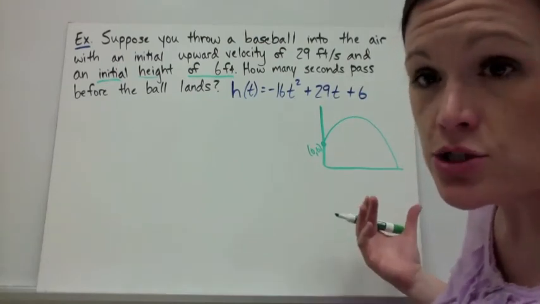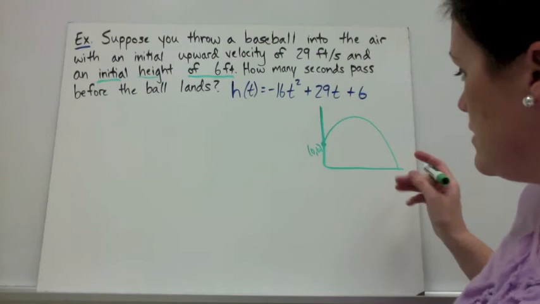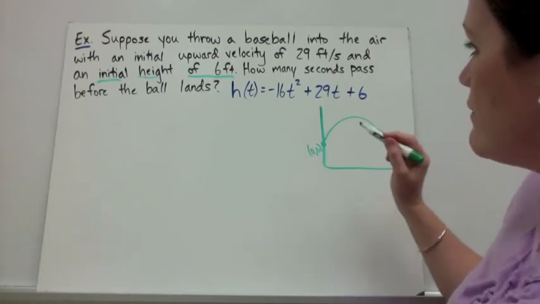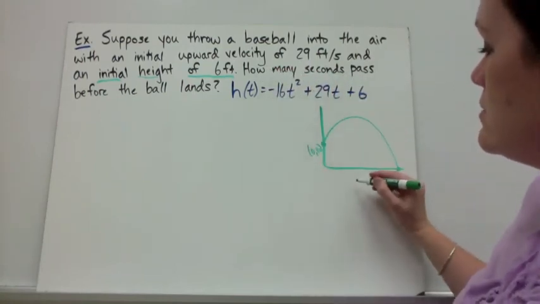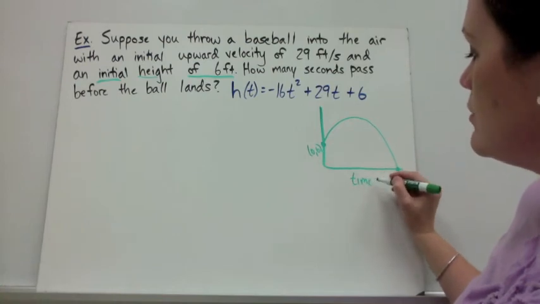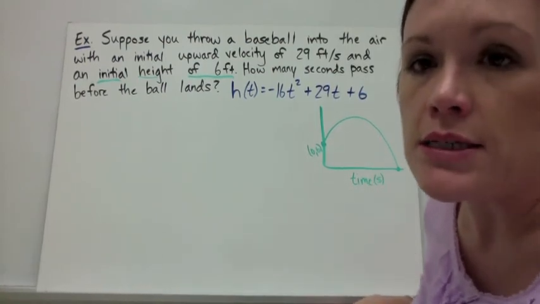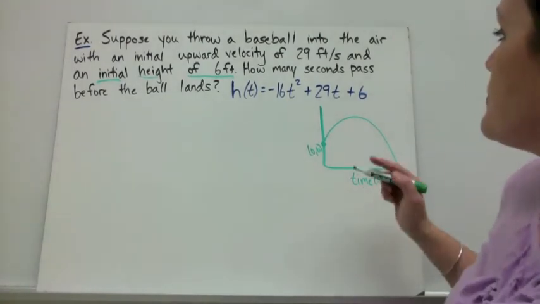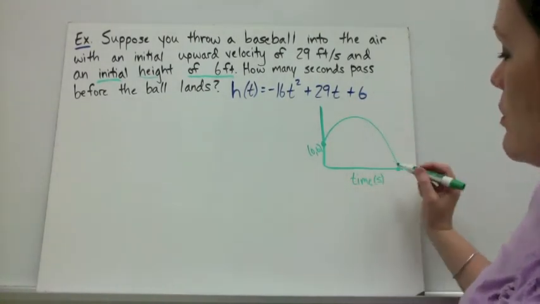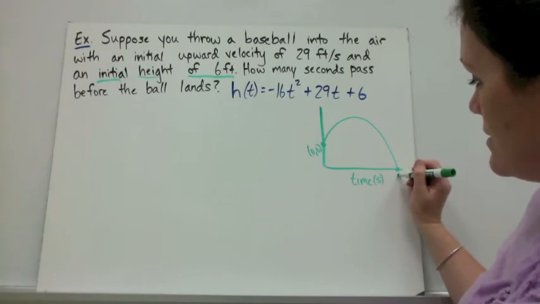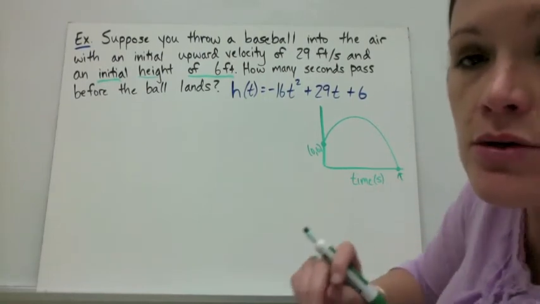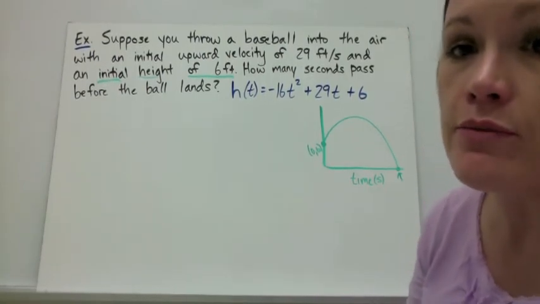So we can sketch. It started at 6. It's going to end over here. And if I want to know how many seconds, remember time is down here at the bottom. Usually it's in seconds, but it could be other units. How many seconds pass before the ball lands? That is the number I'm looking for right there, which if you notice is a 0 of my graph.